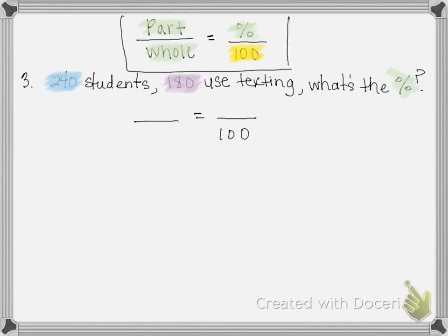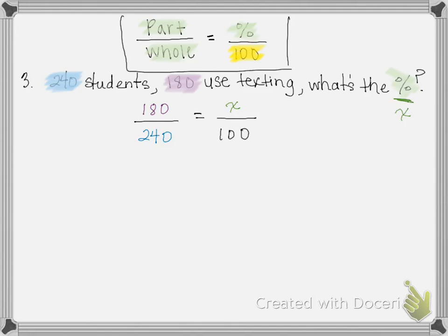We know the 100 is going to be there regardless, but the 240 is our whole, therefore it will go in the bottom on the left hand side. And then 180 use texting, well, that's just part of them, so that's going to go in our numerator. And then you're asked, what is the percent right here? So if we don't know it, that's going to be our x. So we will plug in an x for our percent.